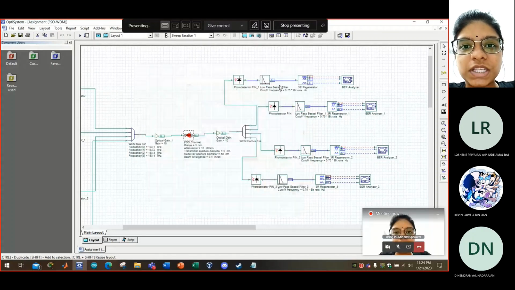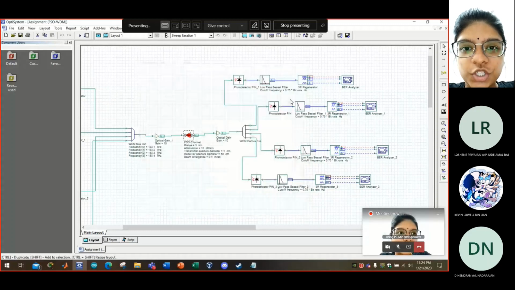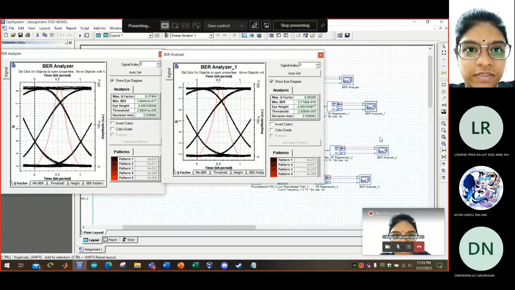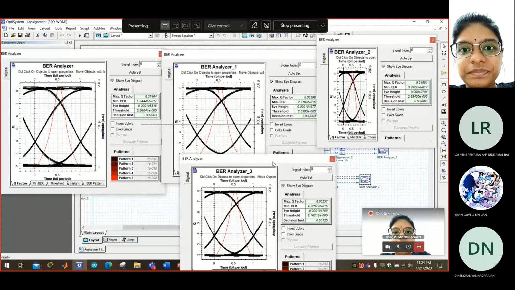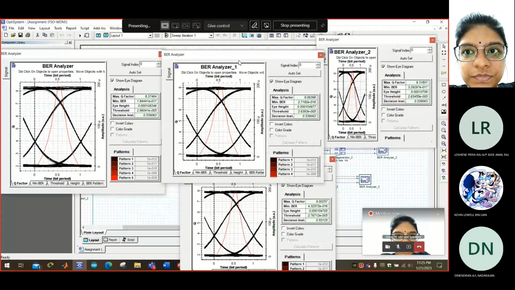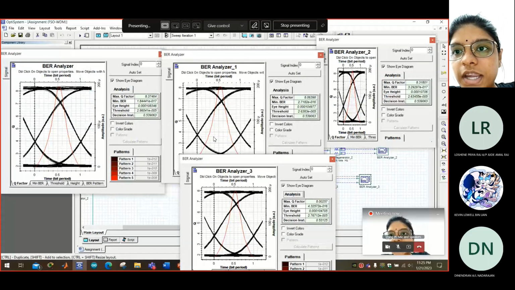Hi, my name is Kaushana Prabhakaran. Now we are going to look at the value of 0.6 mrad on the beam divergence. We'll be getting 4 outputs here. The first output Q factor is 8.37, the second one is 8.06, the third one is 8.31 and the fourth one is 8.00.